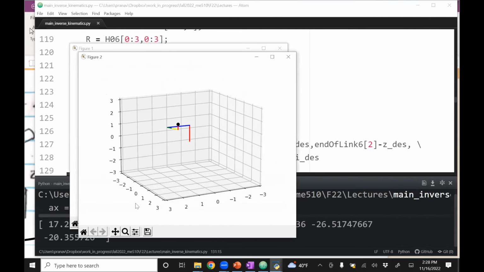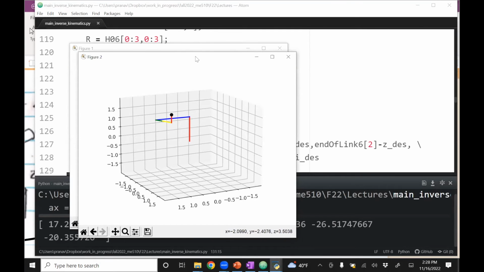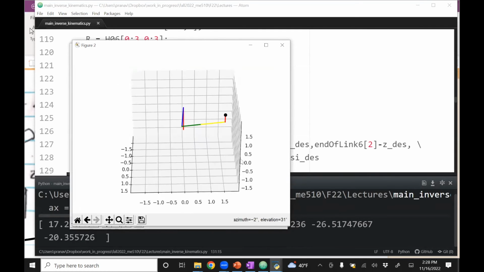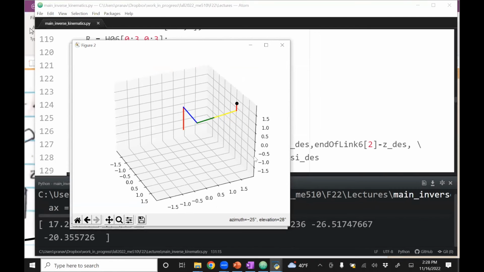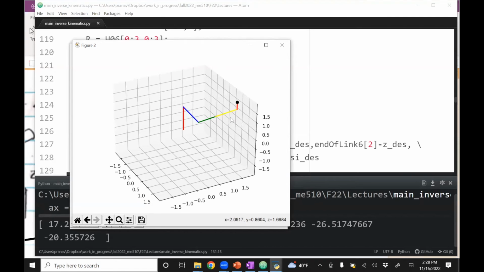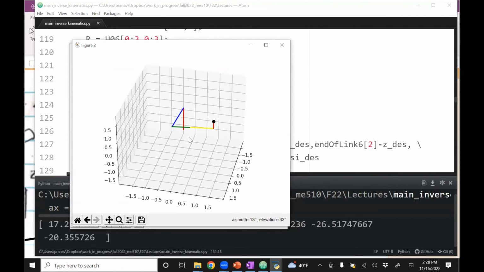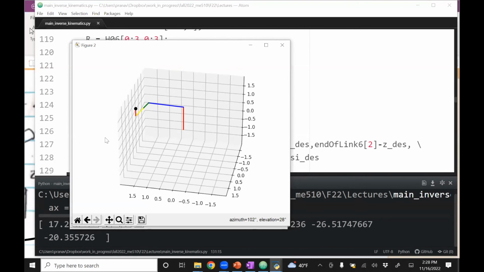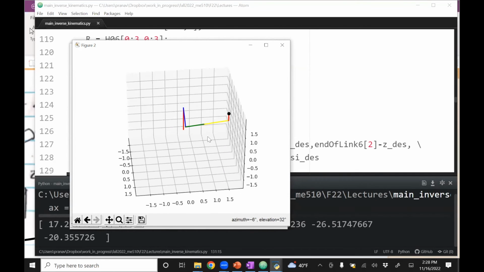It will do an animation. Rotate this. Okay, so you can see 1, 2, 3, 4, 5 links. I think 1 link is of 0 length. That's why it is showing only 5 links. Okay, but that's where I want the manipulator to be.